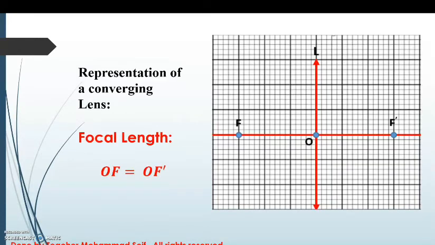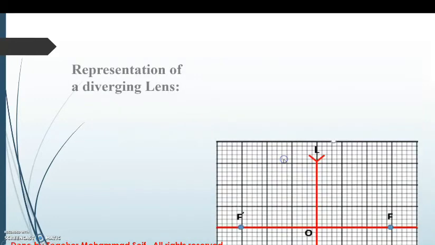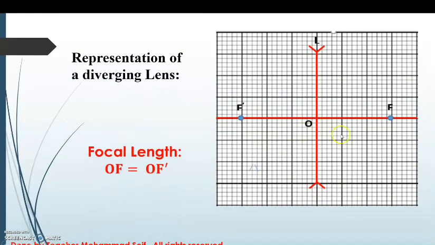Let's go back to a converging lens. In the converging lens, we have F O F prime, while in a diverging lens, we have F prime O F. As you can observe, the optical center cuts the lens into two equal parts. We have them 3 centimeters upward and 3 centimeters downward.